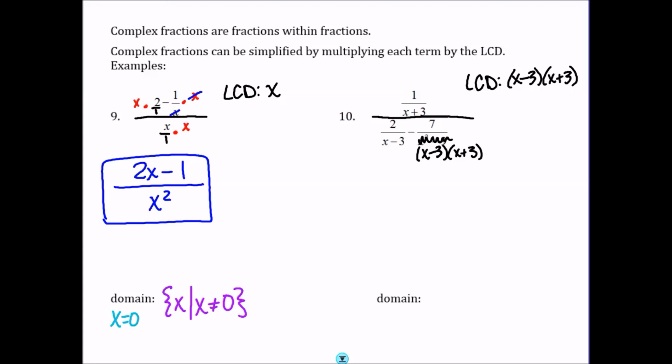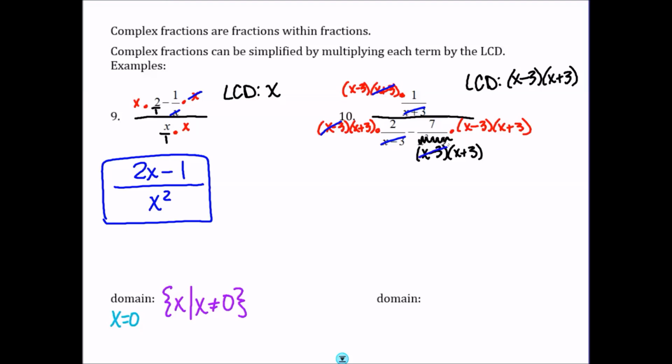So if we multiply each of the little fractions by the LCD, this will allow us to cancel out all of the denominators. Here, the x plus 3's cancel. Here, the x minus 3's cancel.